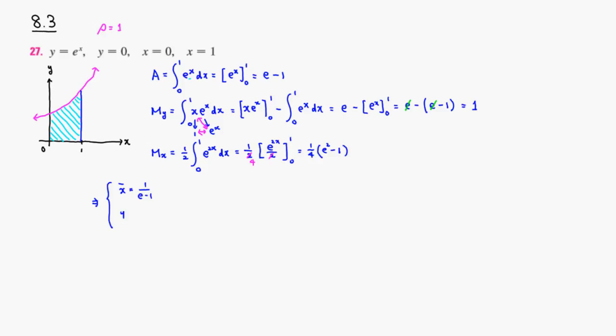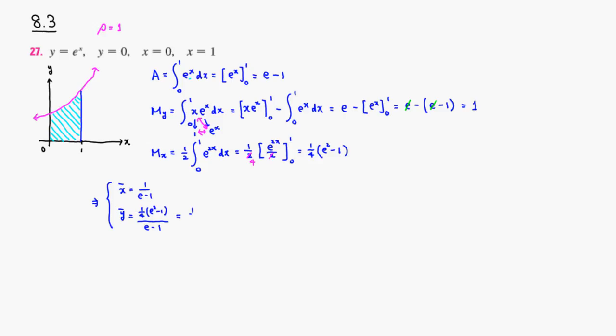And y bar is what you get here, 1/4 times e squared minus 1, over A, which is e minus 1. So we just have to divide these by A. The x bar is simple enough, but y bar can be simplified.